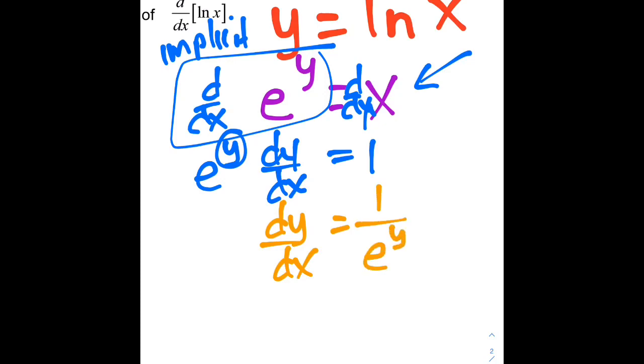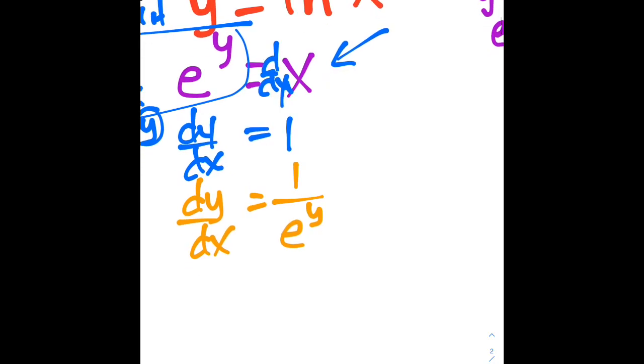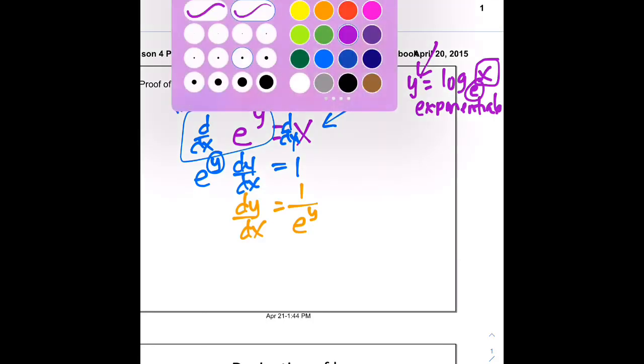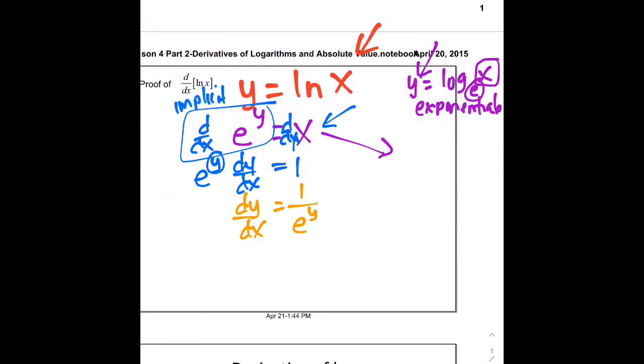Well, that's not very useful, but let's recall. Don't we know from this purple step, didn't we say that e to the y is equal to x? What is a lot more useful is if I substitute x in for e to the y.